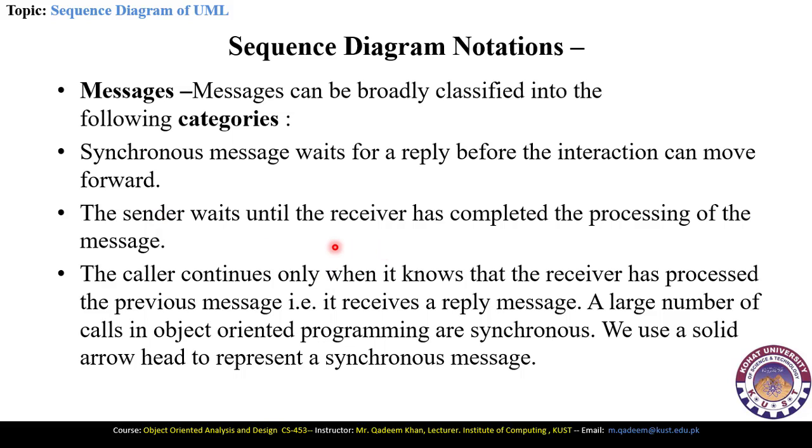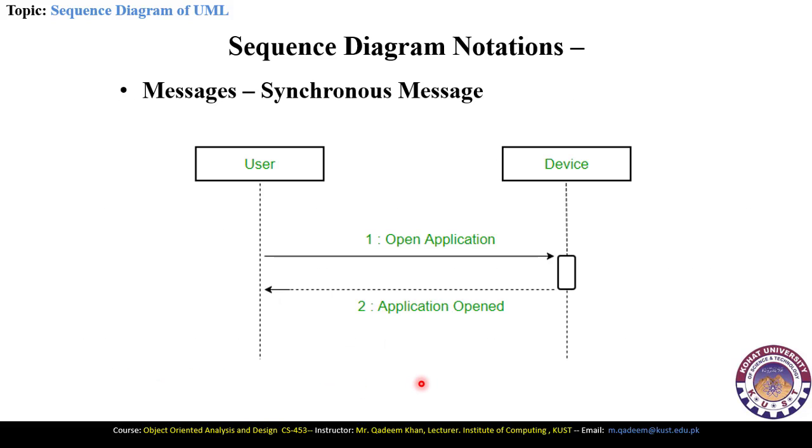That is called synchronous communication between different objects in the sequence diagram. In fact, in object-oriented programming, all the messages are performed through synchronous communication. Here we use solid arrow lines to represent synchronous messages.